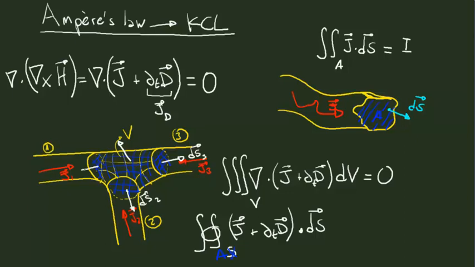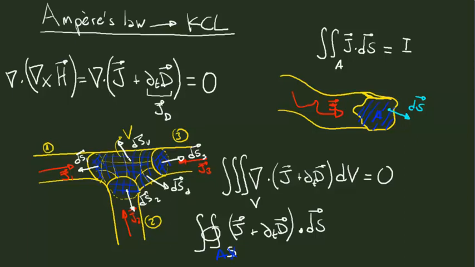So we can call this dS2, and this dS3, and this we call dS1, and we can call this dS upper, and on the low side, on the side of the node that is not visible now, we will have a dS pointing downwards, something like that. You get the point.